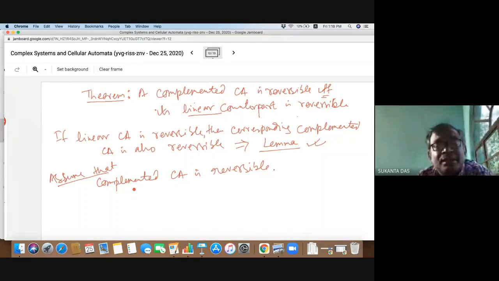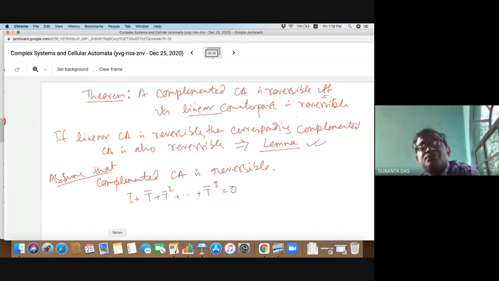I shall use again this relation that we have shown, that T plus T bar square, for some Q actually, is equal to 0.